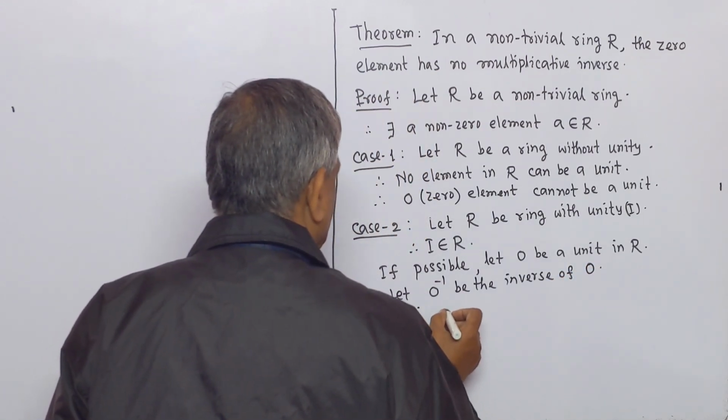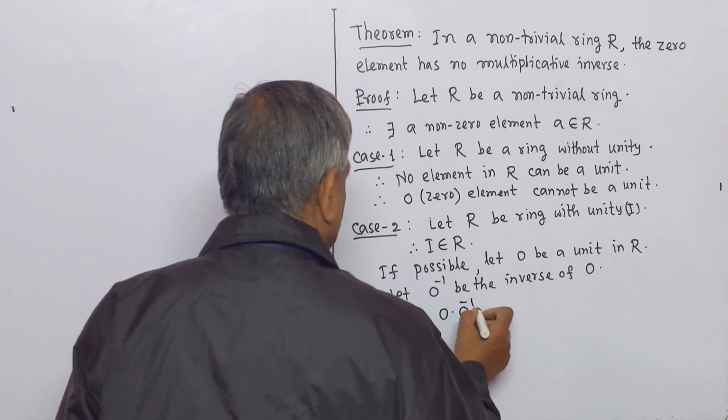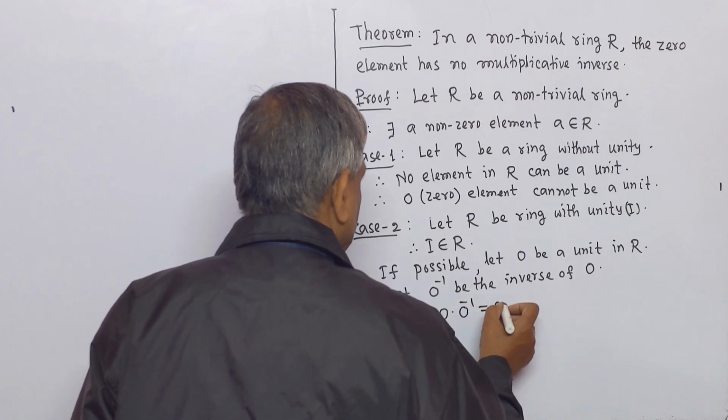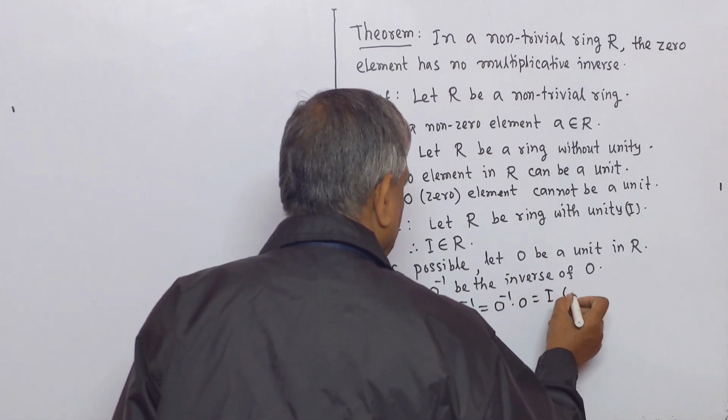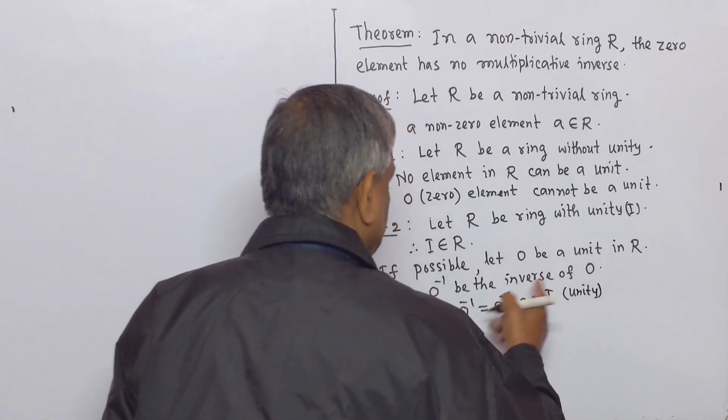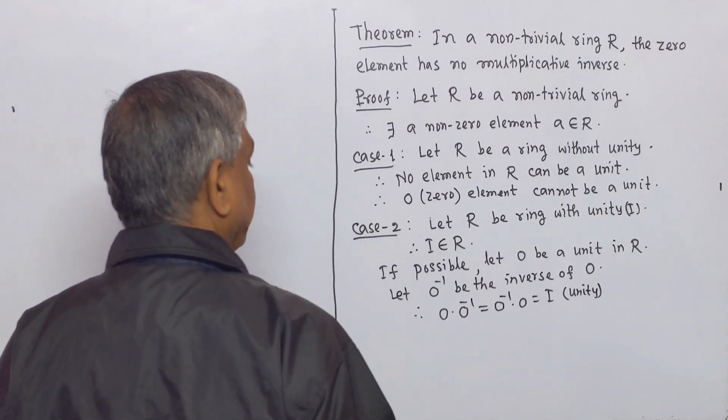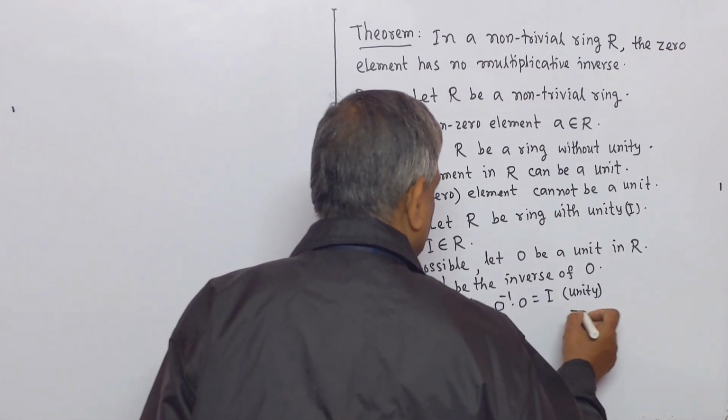Therefore, 0 multiply 0 inverse equal to 0 inverse multiply 0 equal to unity, from the definition of inverse or unit. This is number 1.